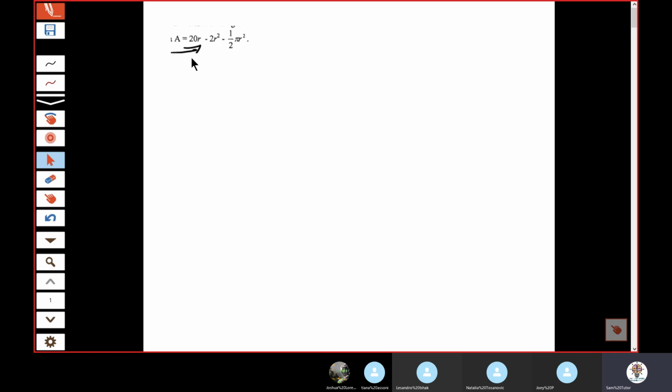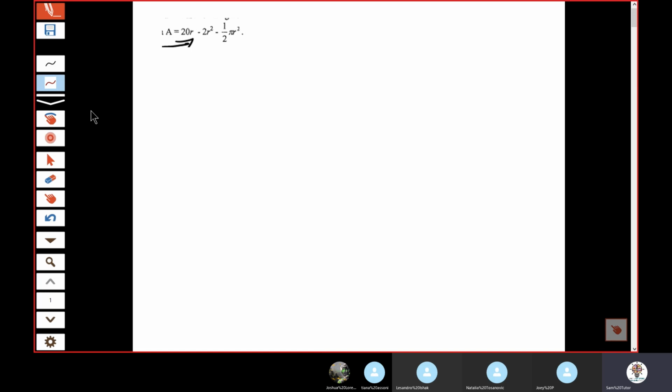So what we've got to do with this now, we've got to differentiate, make it equal to 0, and then find its nature. So dA on dr equals 20 minus 4r minus 2 times half is gone, just pi r equals 0. What would you do now?